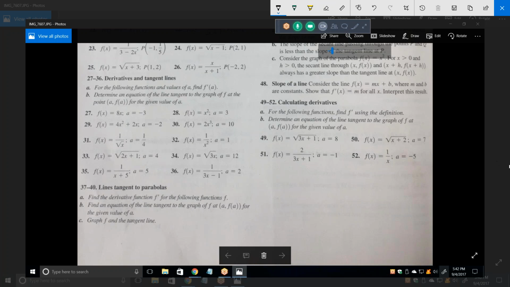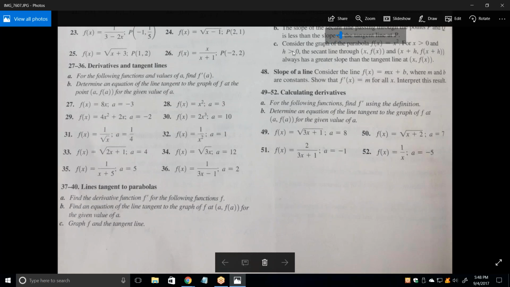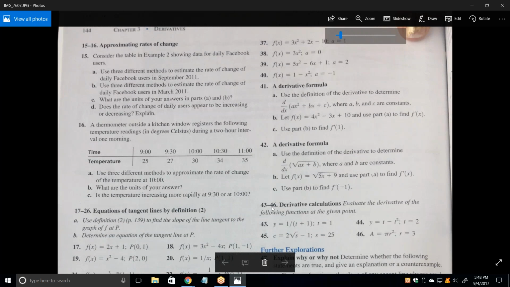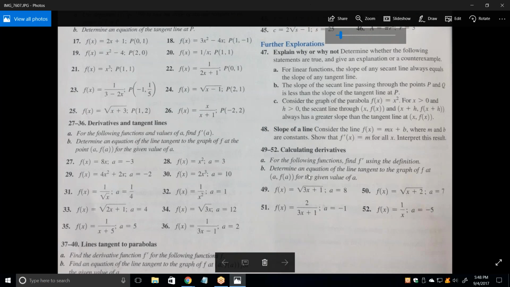We have 38. Okay. Lines tangent to parabolas. Let's see, what did those instructions say?